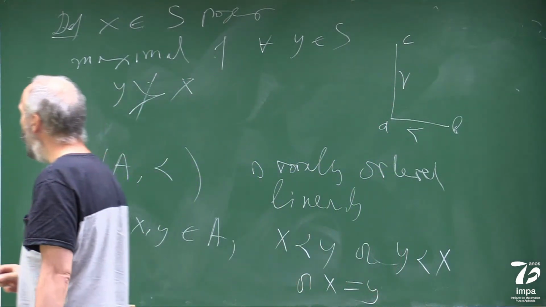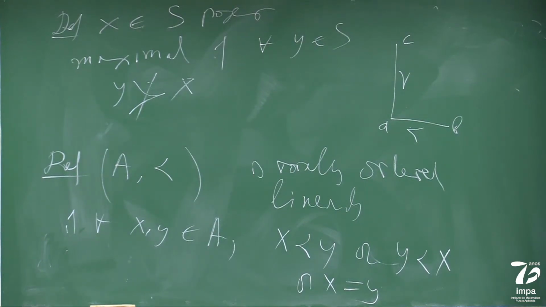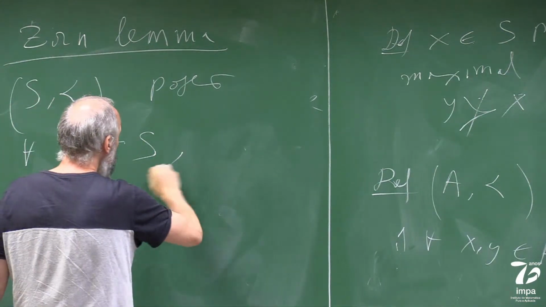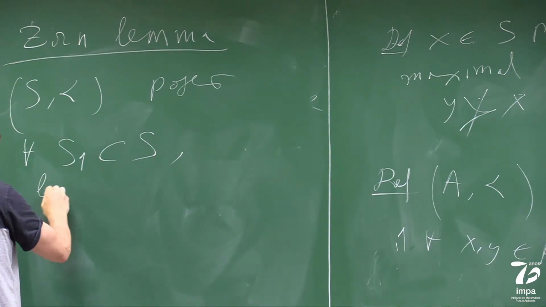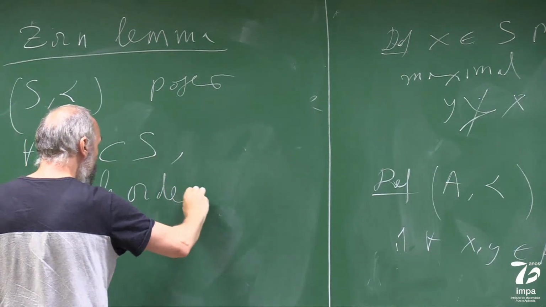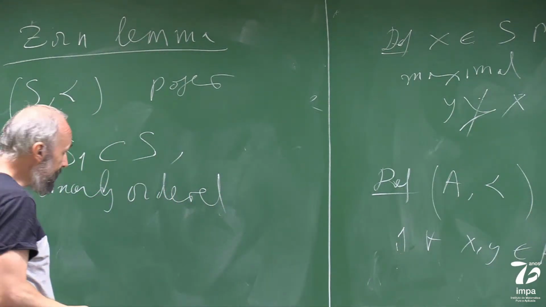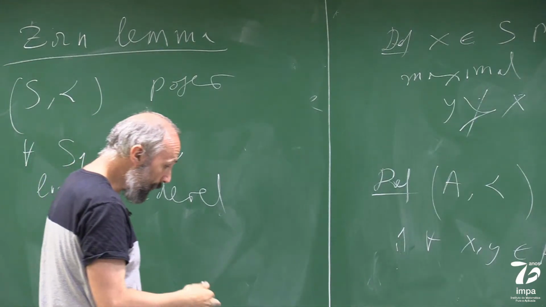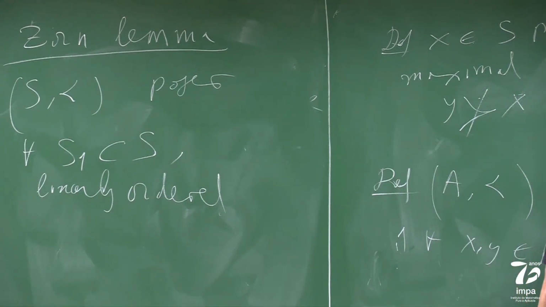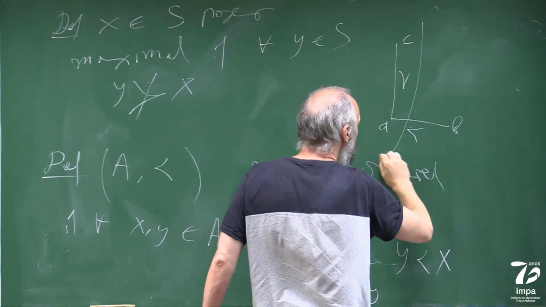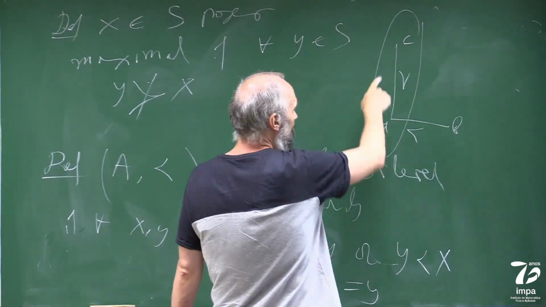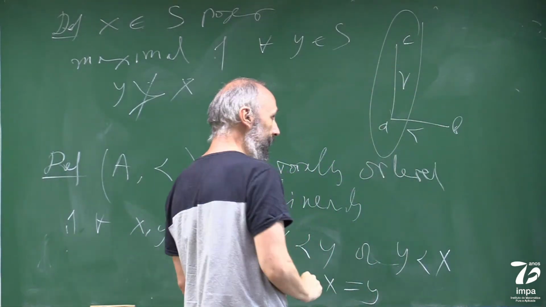Okay. And suppose, in addition, that for each subset S1 inside S which is linearly ordered, in the sense that you restrict your partial order to S1, like with these subsets. The subset consisting of A, C, or B, C, is linearly ordered.